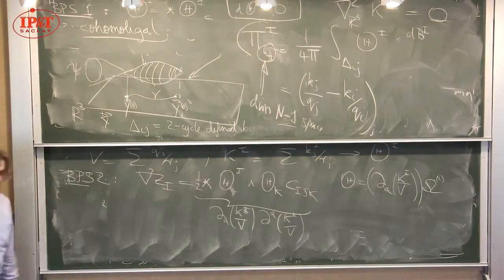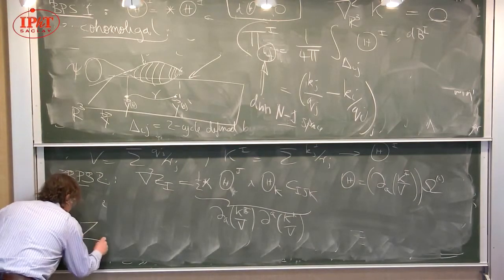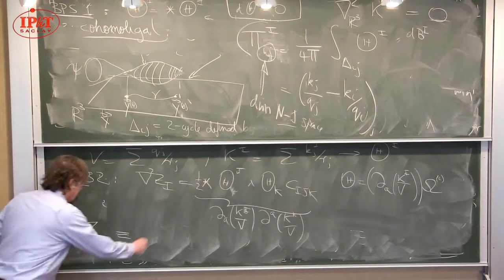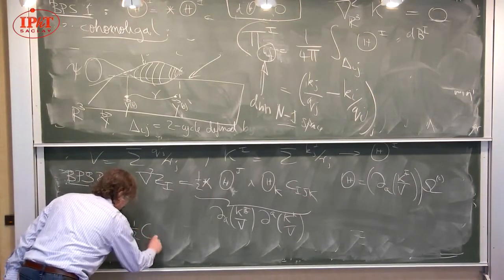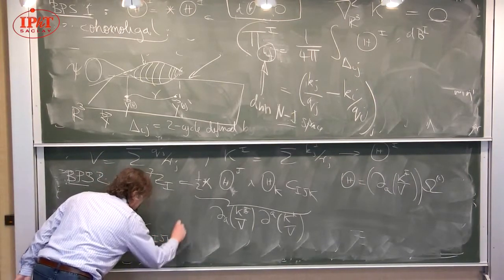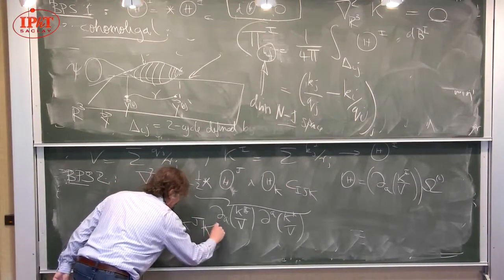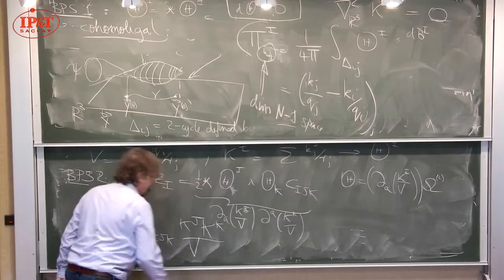And it's elementary to integrate. You find that Z_i has a particular solution that is nothing other than C_ijk, probably with a half, K_j over V times K_k over V.